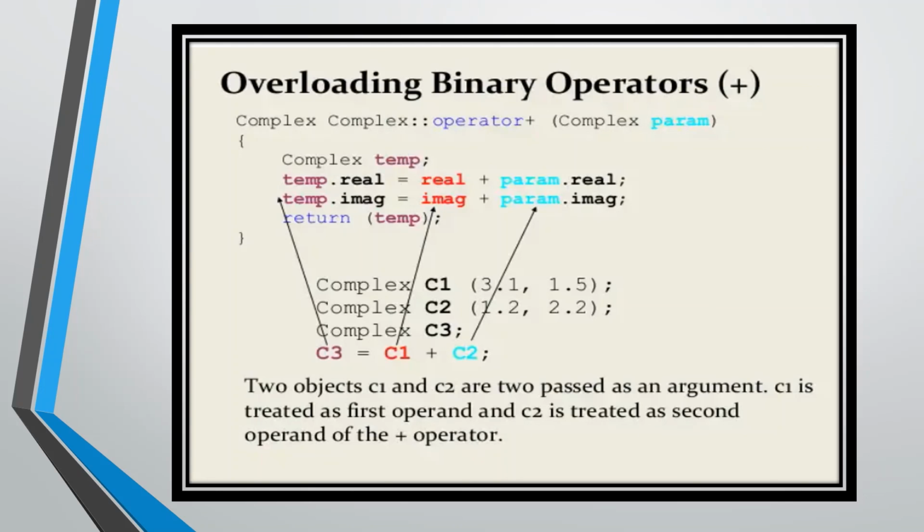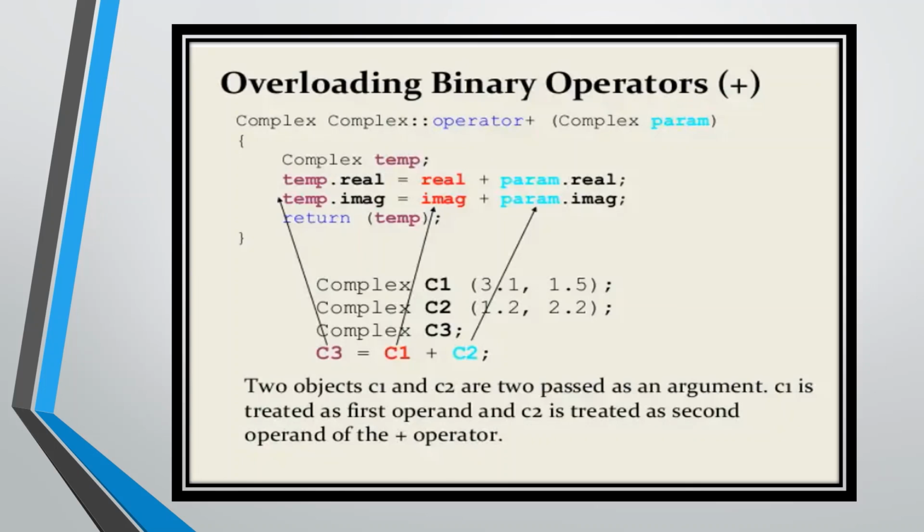C3 is the object in which we are going to store the result of C1 plus C2. So in this situation, C3 is an object, C1 is an object and C2 is an object. It means we are going to perform the addition of two objects, and these objects are nothing but instances of the class, and a class is nothing but a user defined data type.